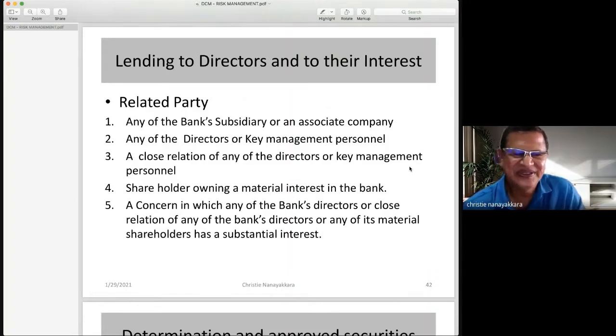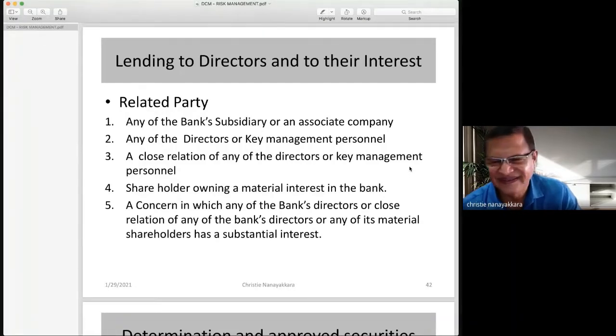What they do is form another subsidiary company, and the entire tower will be managed by that particular company, and the bank also pays rent for the space they occupy. So these subsidiaries also need money, and they come under related parties. Subsidiaries of banks are called related parties.